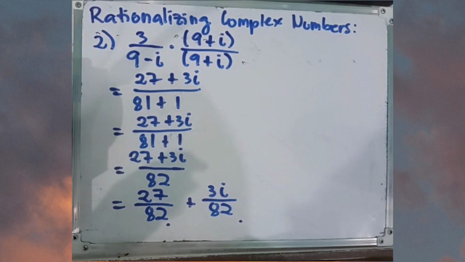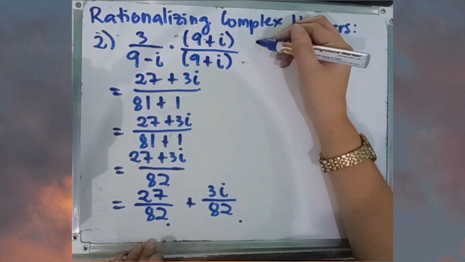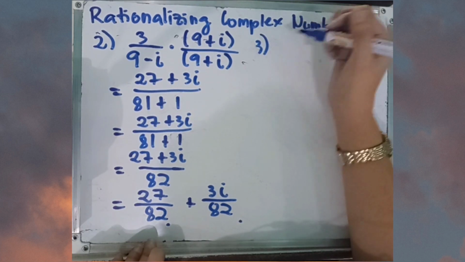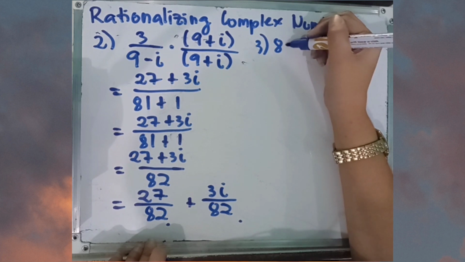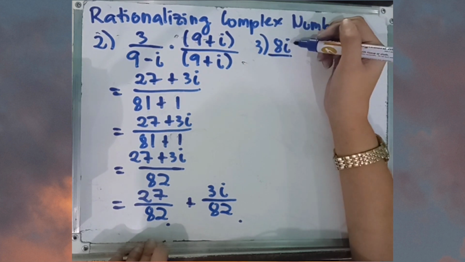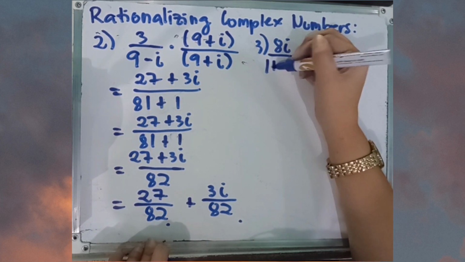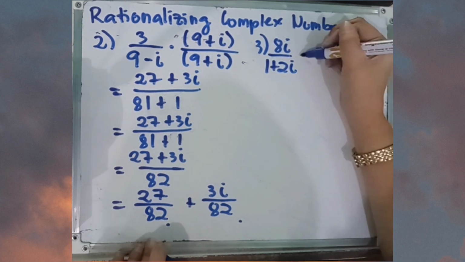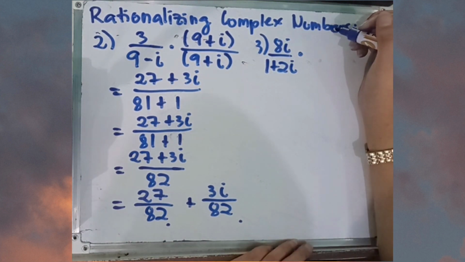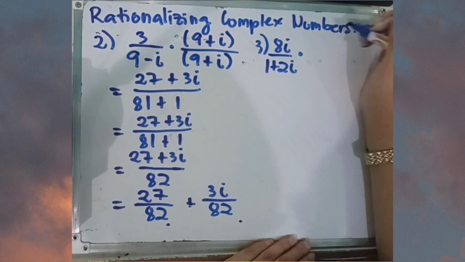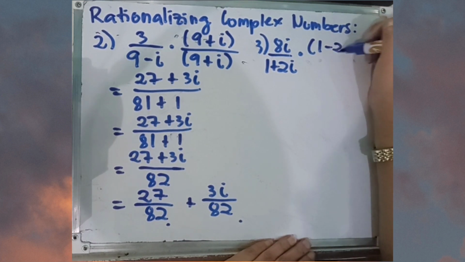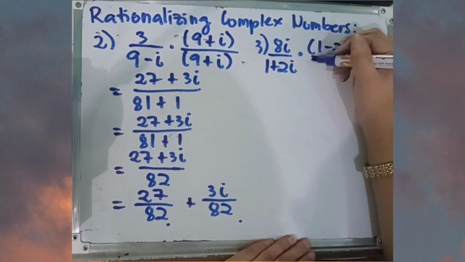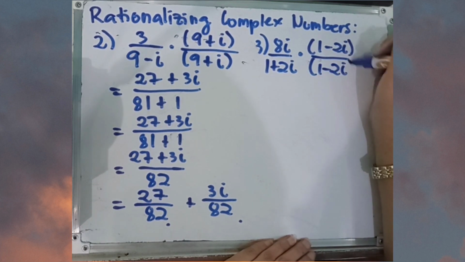For our third example, example number 3, let's have 8i over 1 plus 2i. Still the same thing, multiply both numerator and denominator by the conjugate of the denominator, which is 1 minus 2i over 1 minus 2i.